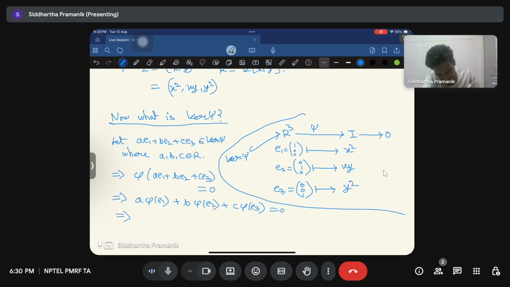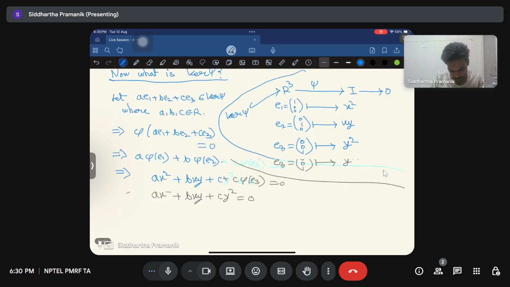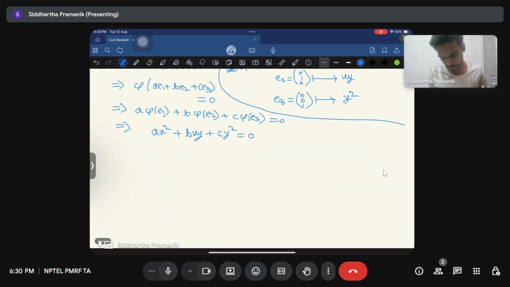Now phi e1 is x square, so let's write this: ax square plus bxy plus cy square equals 0. Now using this relation, we need to find a, b and c. So how to find this?